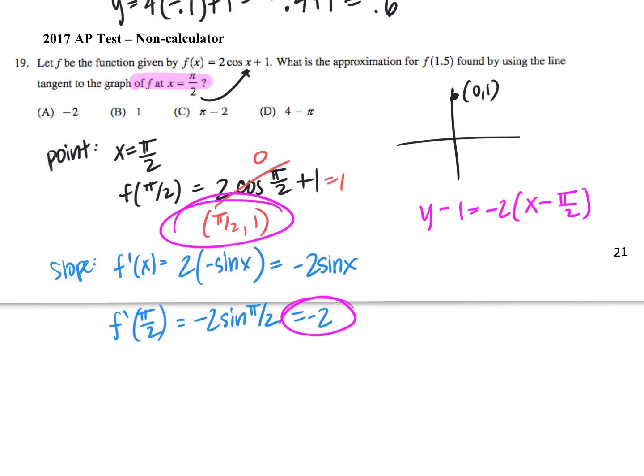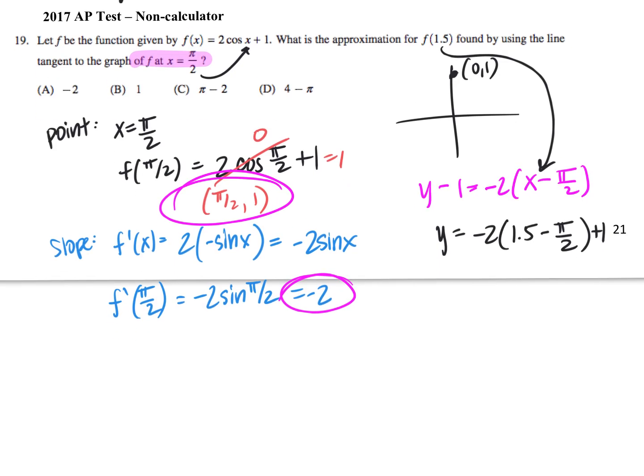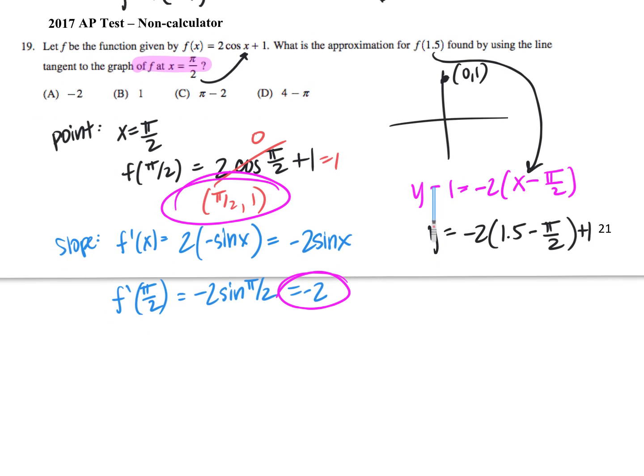1.5 is what we're plugging in right here. So I'd say, all right, we got negative 2 times 1.5 minus pi over 2, and I'm going to add my 1 over. I moved this 1 over. We got to get this to equal that, people. Kate, I think that's great logic.